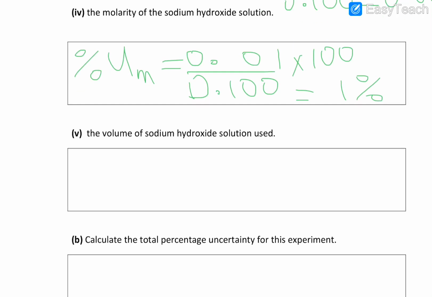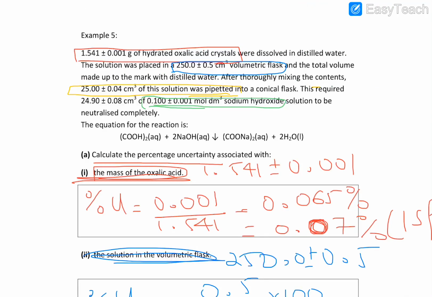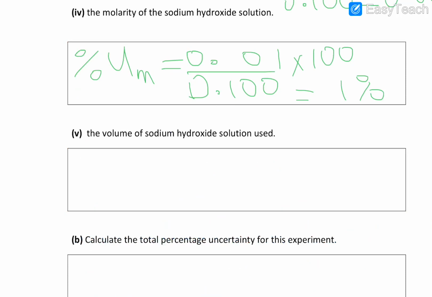Okay, and then the volume of sodium hydroxide solution used. So for sodium hydroxide, I used 24.9.